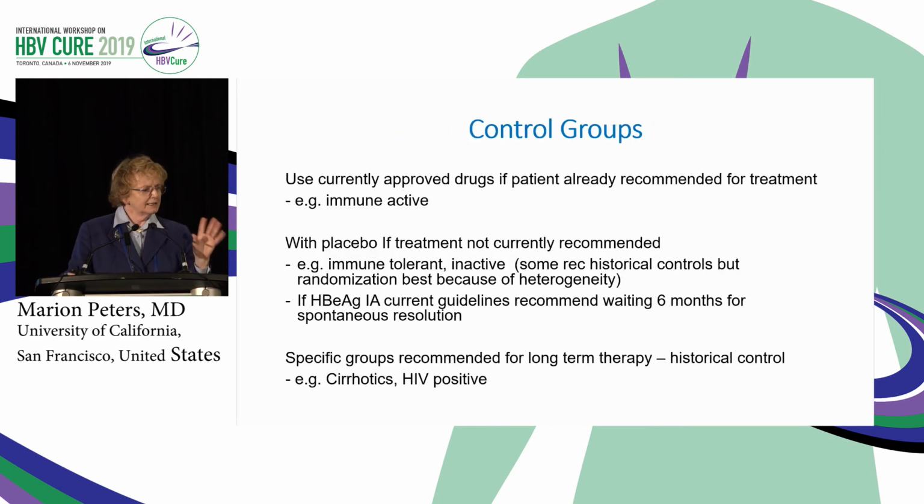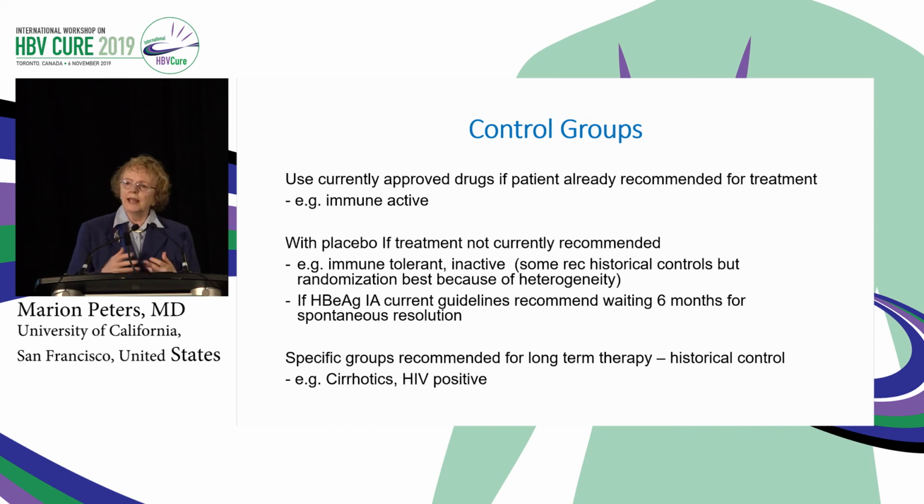And finally, study design. What control groups? Poonam brought this up. You can use current therapy if that's what's recommended. But if therapy is not recommended, you should use placebo for immune tolerance or inactive, rather than historical controls, because that really eliminates some of the heterogeneity.